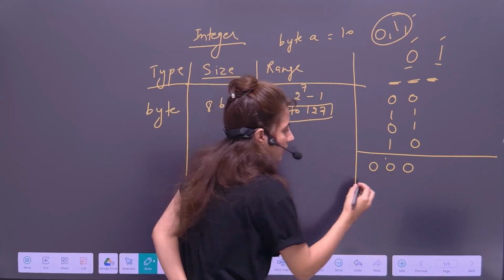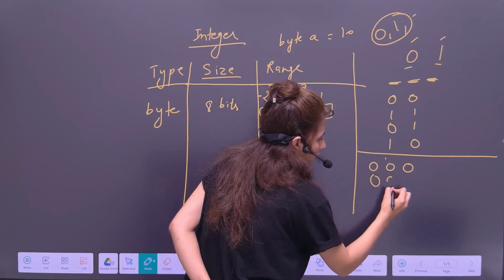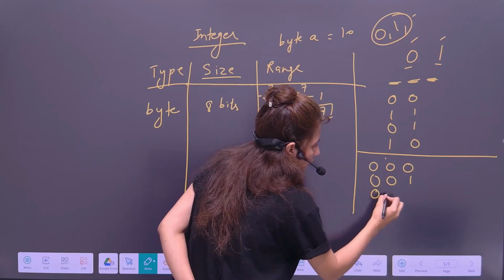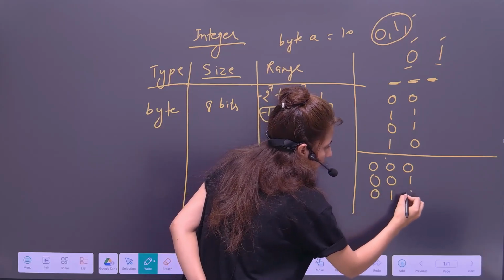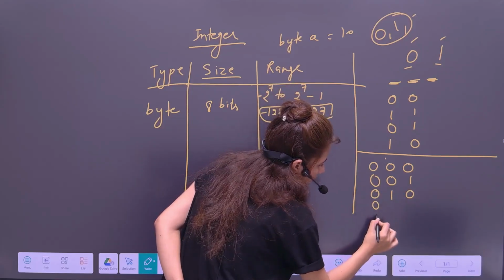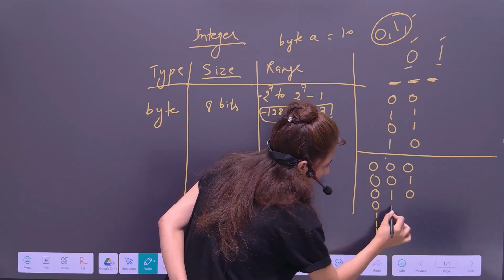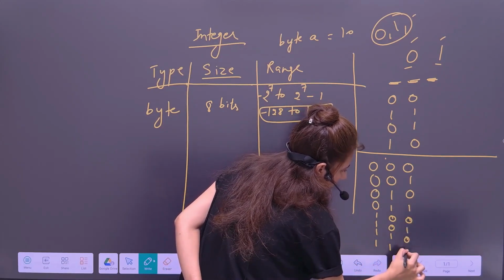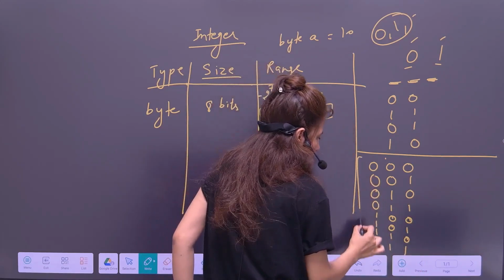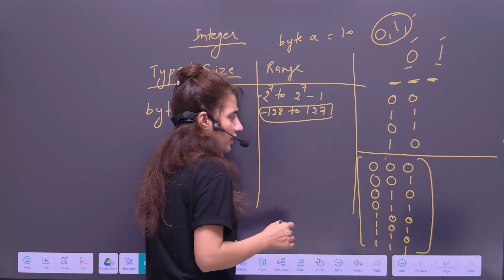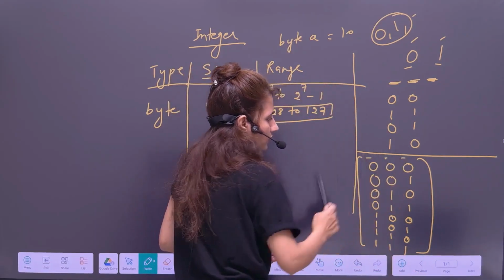Then 0 0 1. Then again 0, then 1, then 0, like this. So there we can have basically 8 combinations. So 8 numbers we can represent with 3 bits.